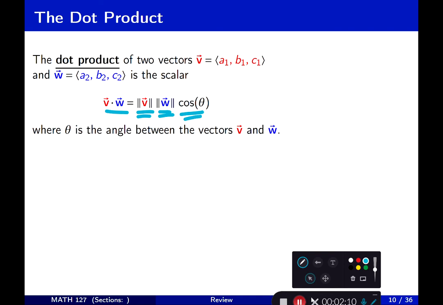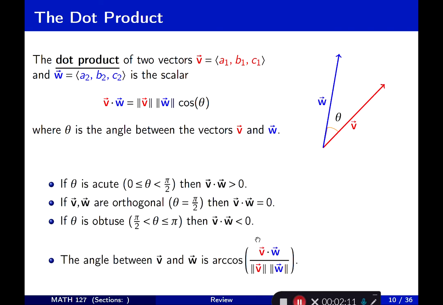Now if theta is acute, that means theta is between 0 and pi half, then v dot w is a positive value because cosine of acute angles is positive.